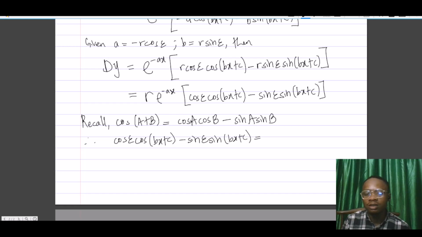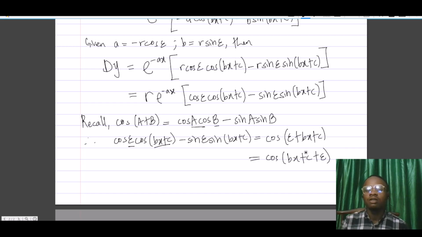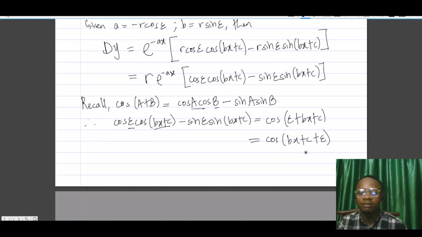Comparing with this portion, our a is just equal to epsilon and our b is equal to bx plus c, or a is bx plus c and b is this, it doesn't matter. So that is basically equal to cos of a plus b, that is epsilon plus bx plus c. By simple rearrangement, that is the same thing as cos bx plus c, then plus epsilon. So that is that about the first derivative.